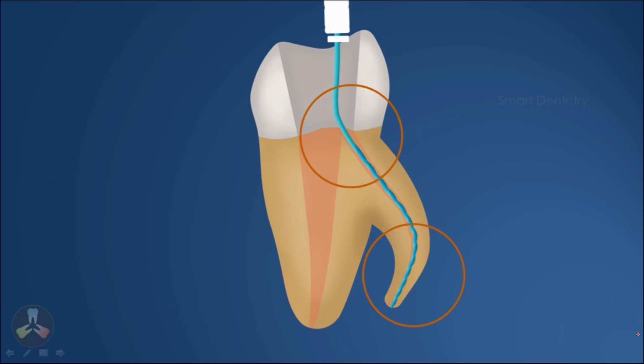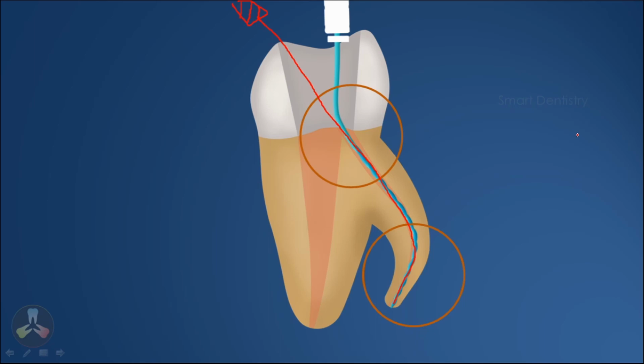In order to avoid this, we may have to extend the access cavity a little more buccally than the usual access cavity, and access the file from the buccal angle instead of going from a straight angulation. If we are accessing from a buccal angulation, then the chances for file breakage can be reduced so much.